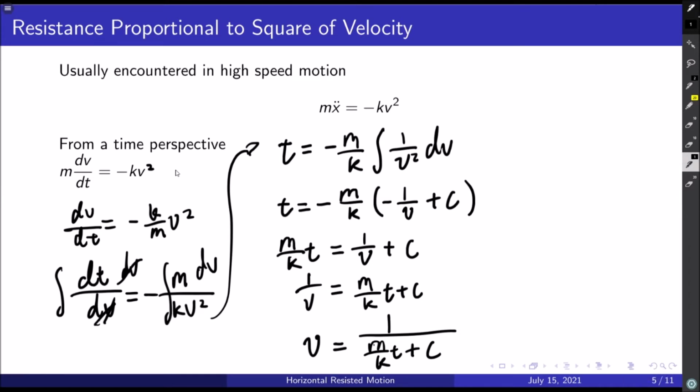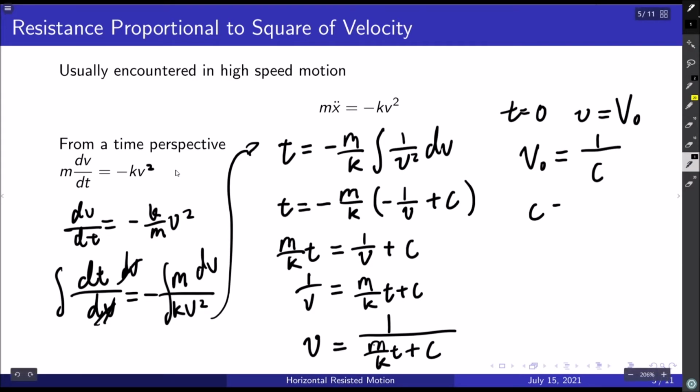From here we need to work out what c is. Do you remember, when t equals 0, v equals some initial velocity, so this becomes 0. So v0 equals 1 over c, because m over k times t becomes 0, and c is just 1 over v0.